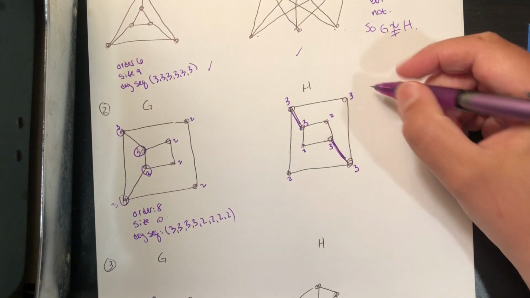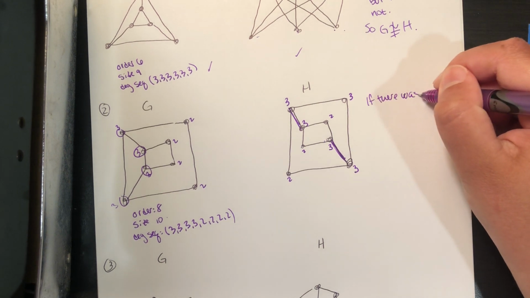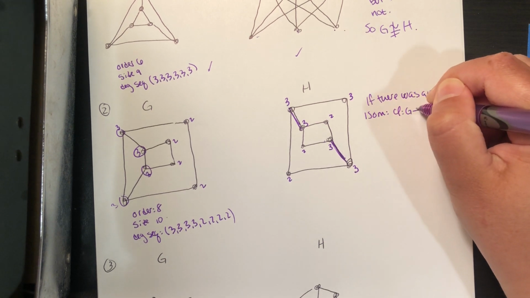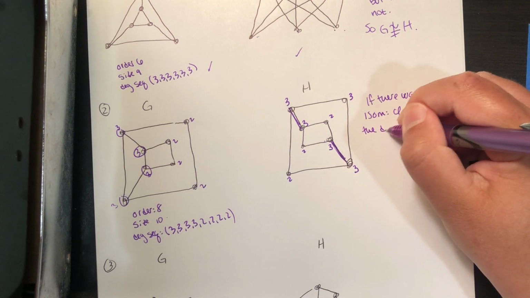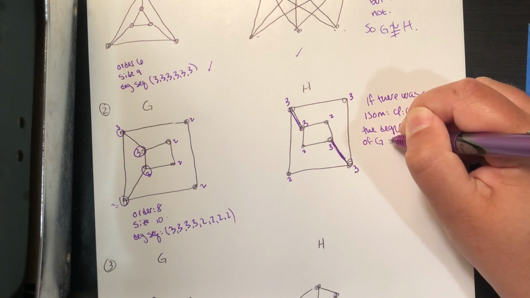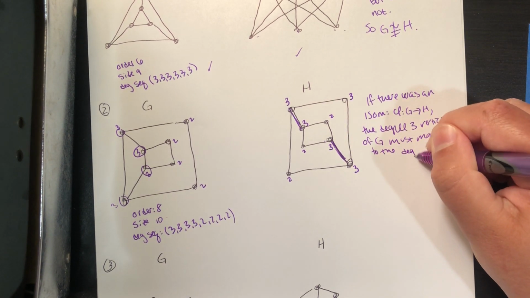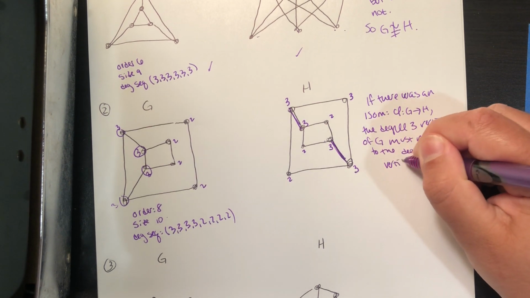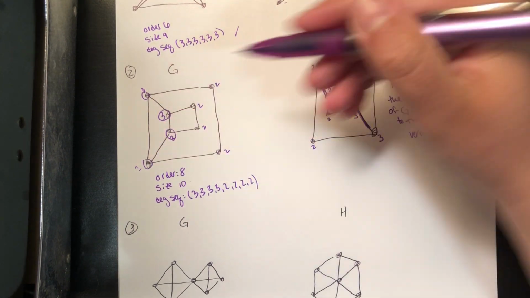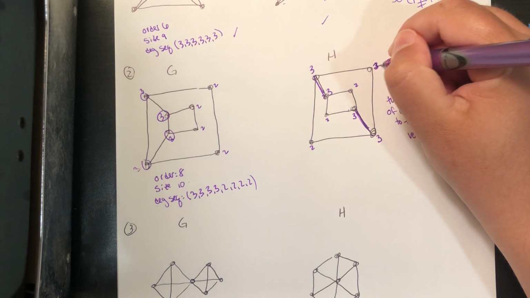Another way of saying that is if there was an isomorphism phi from G to H, the degree 3 vertices of G must map to the degree 3 vertices of H. Right, so these three in some order would end up getting mapped to these 3 vertices here. Whoops, this is 2.